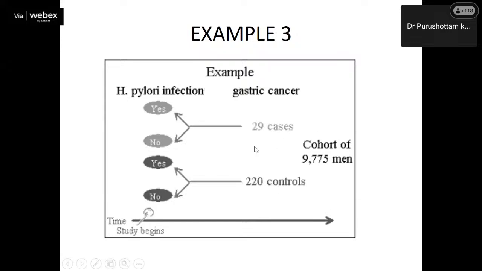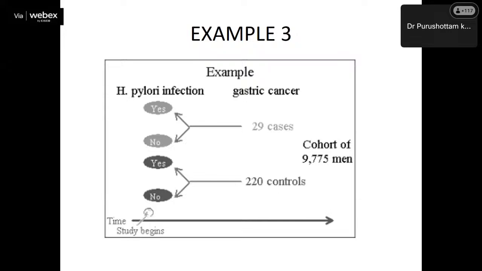Now, at the end of the 5 years, they found 29 cases, and for those 29 cases, they correspondingly selected 220 controls. Okay. They had already frozen the sample for all the 9,775 men. So they took out and unfroze the blood samples of the 29 cases and 220 controls, and then looked at the exposure to H. pylori: at the initial time, were they infected with H. pylori or not?